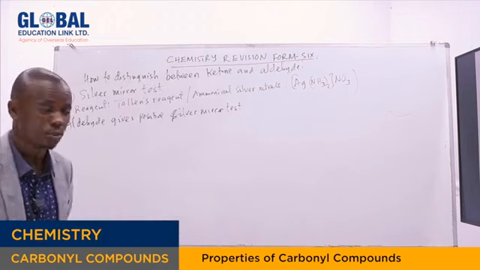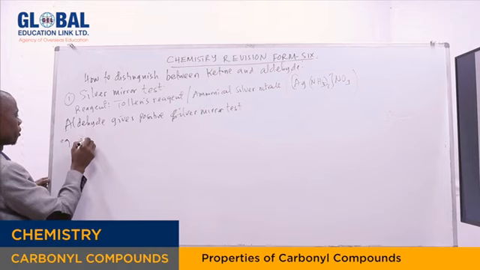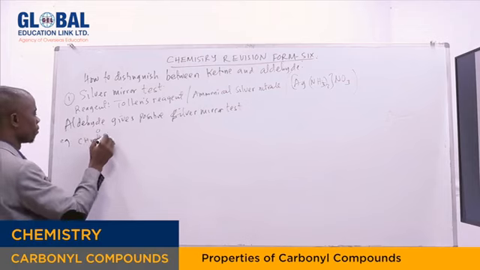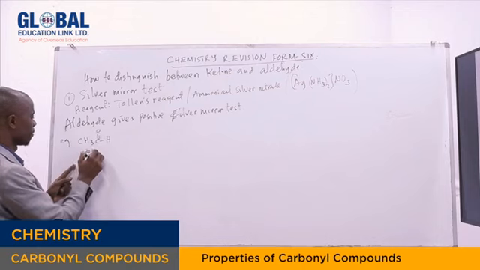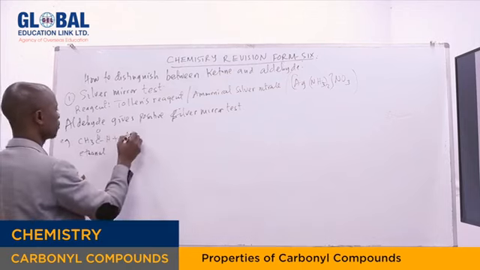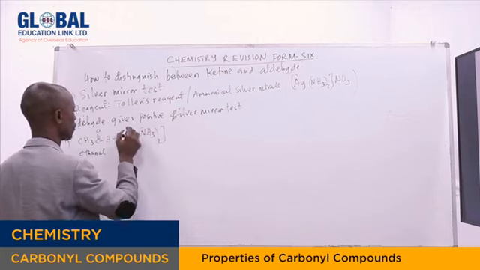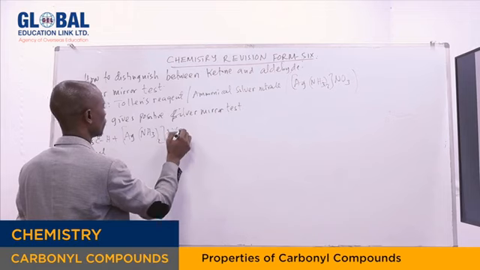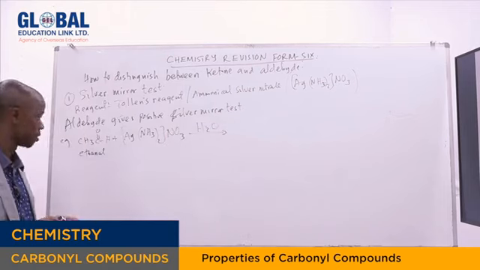Aldehyde gives a positive silver mirror test. Example, take the example of ethanal. This is the ethanal reacting with that compound in the presence of water, because this is aqueous.